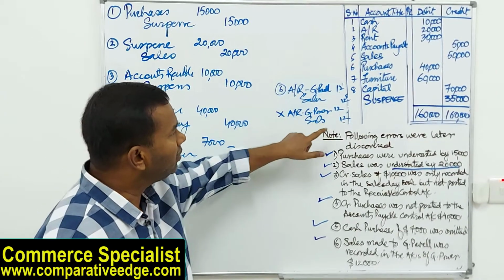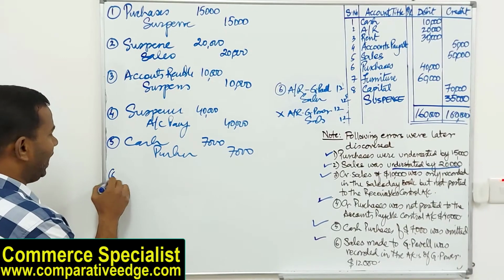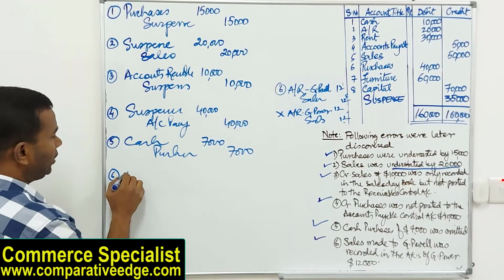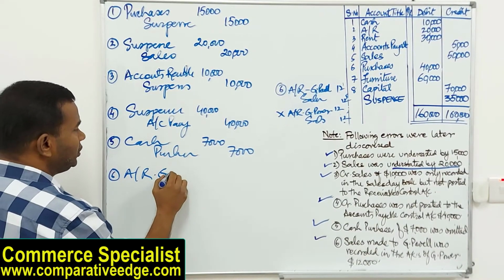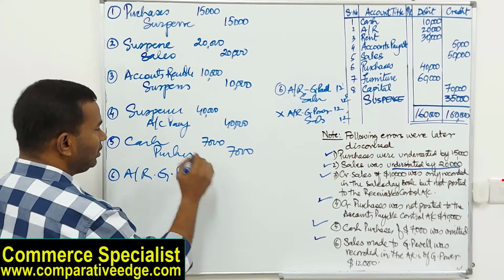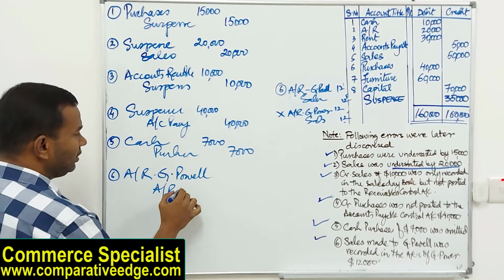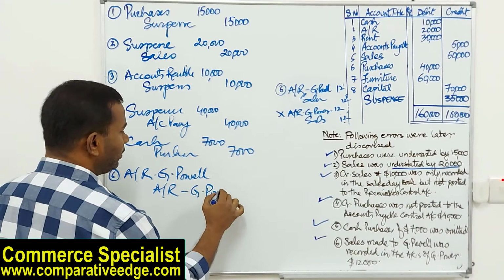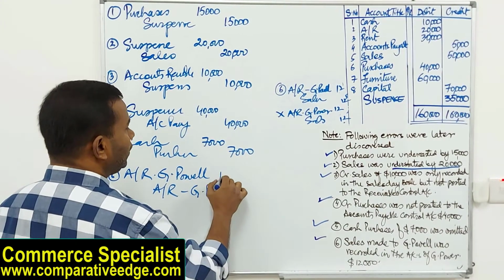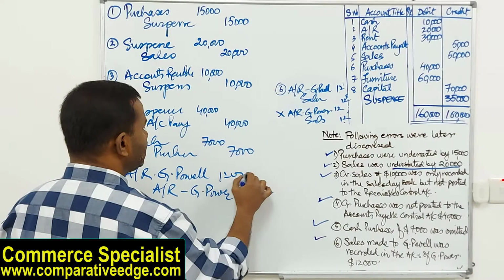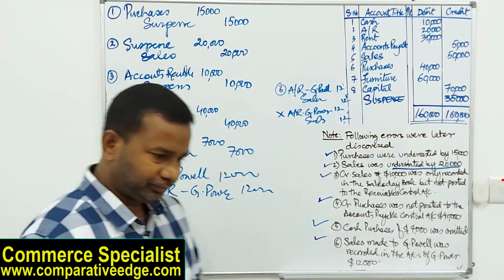So the correction would be, as you already know, we are going to debit account receivable G. Powell and credit account receivable G. Power, 12,000. So suspense is not involved.